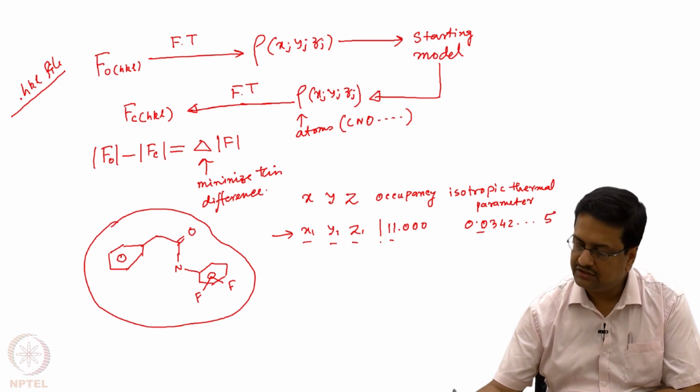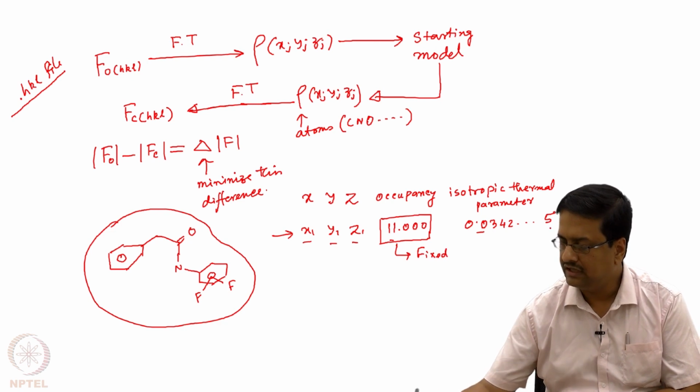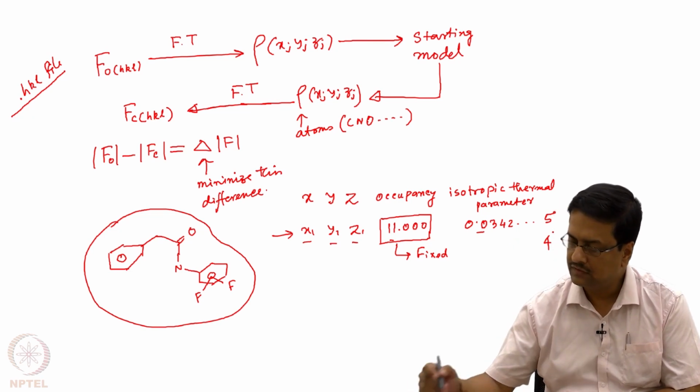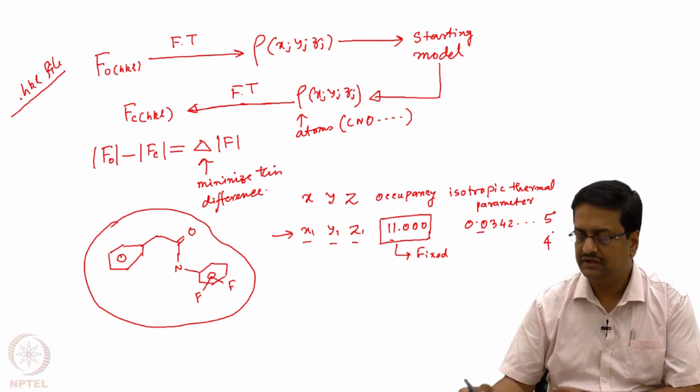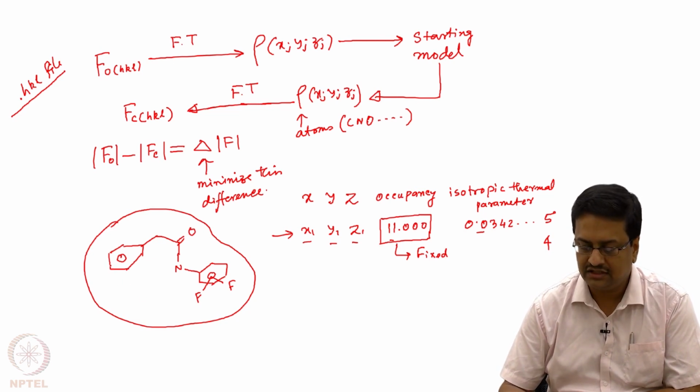If the occupancy is fixed, that is, here it is 11, this means it is fixed. In that case, this parameter count reduces to 4. So now, if there are about 18 atoms like this, here how many do we have?